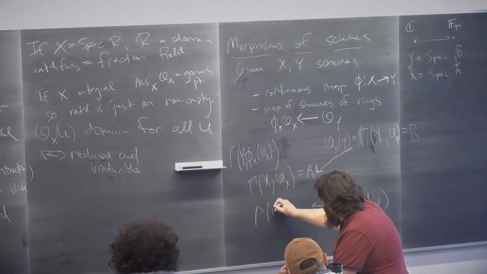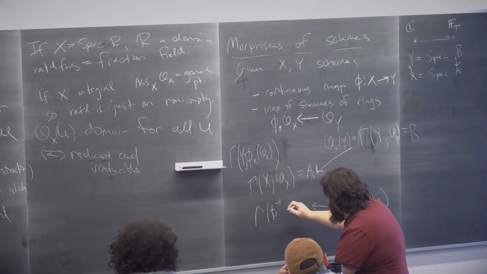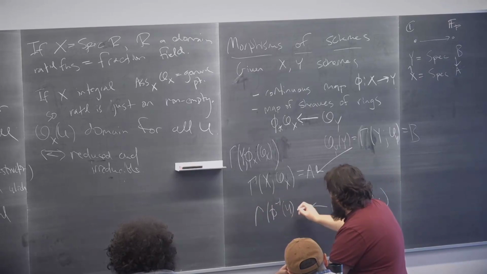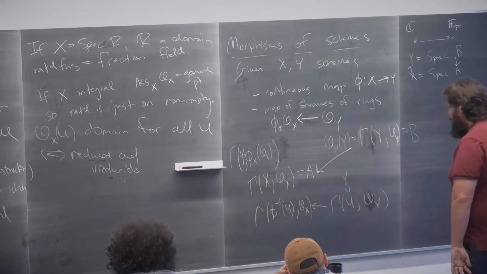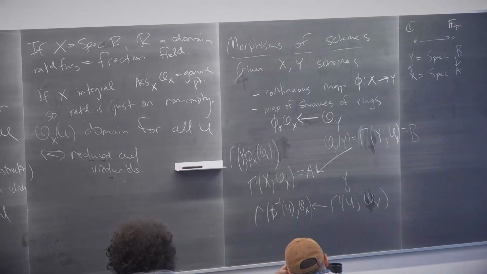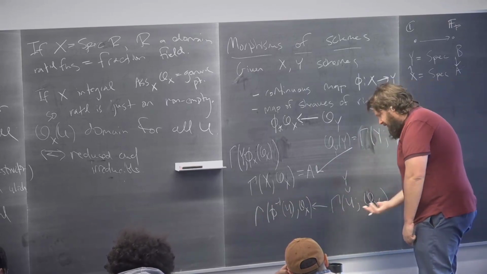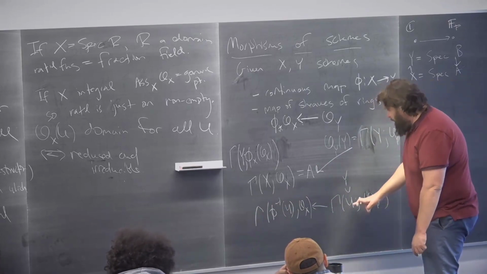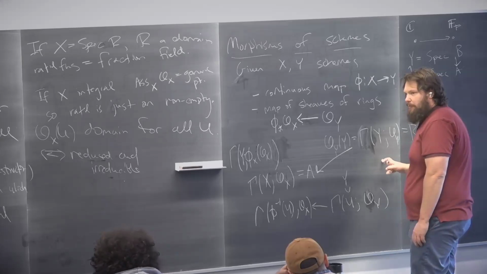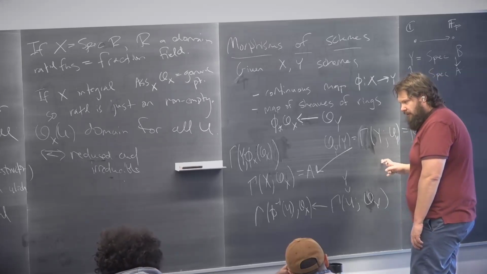So sections on C inverse of U of O of Y. And of course, I think about this as O of Y being maps, this set of sections should be like maps of U to some space, to some ring, for example, right?